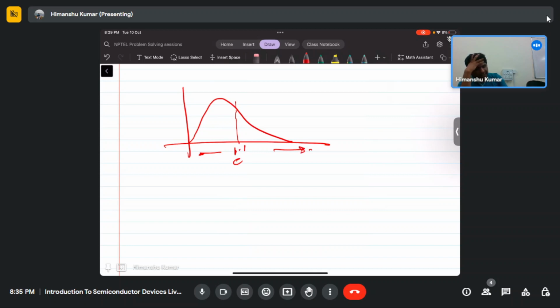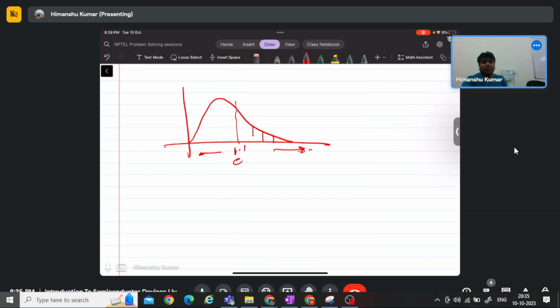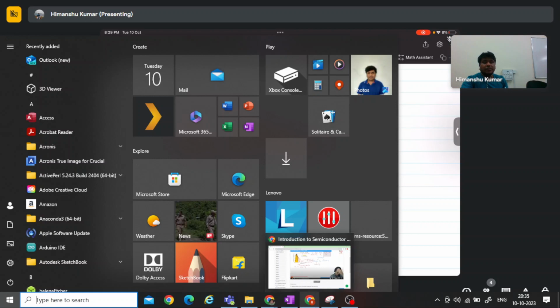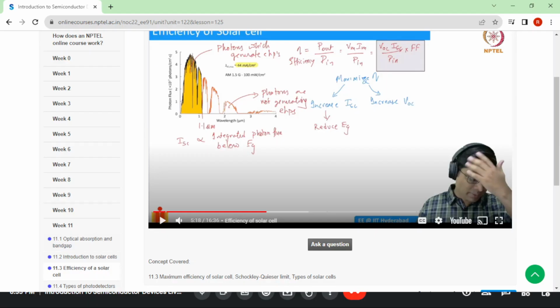So if you reduce the band gap, you capture more of the spectrum. Hence the short circuit current will increase, because every range of electron can be excited, so you generate more photons.